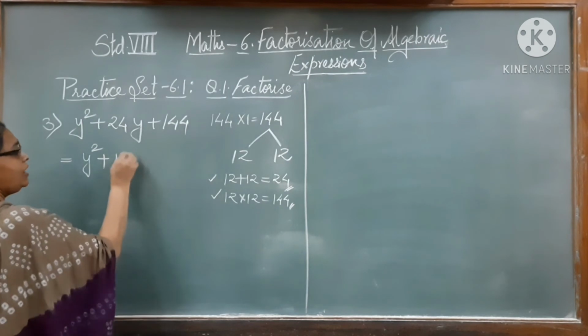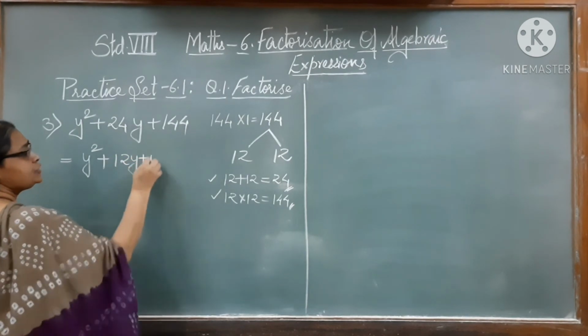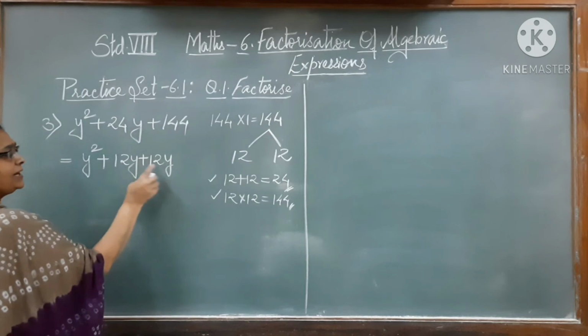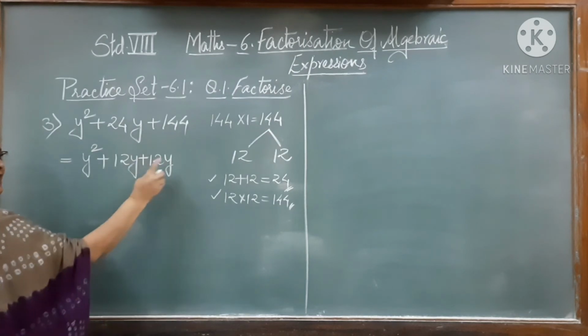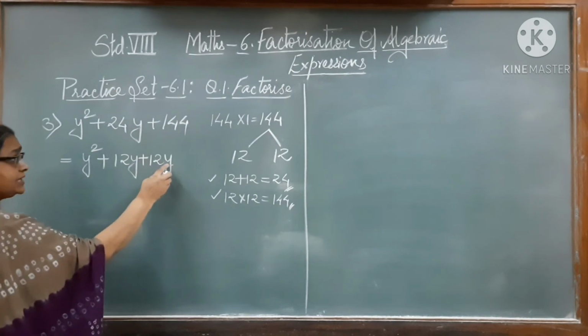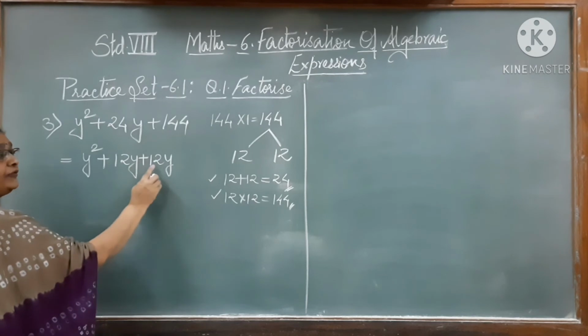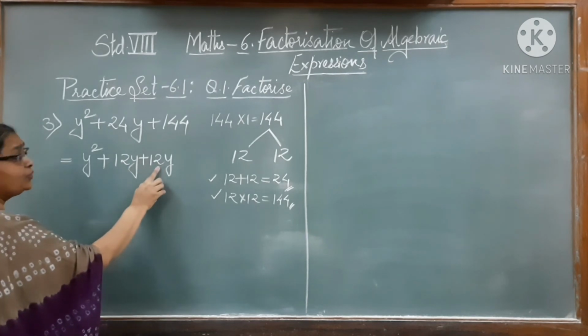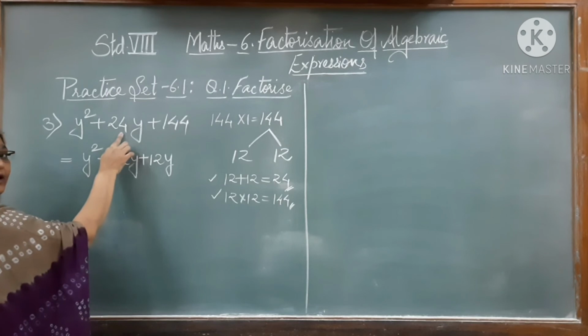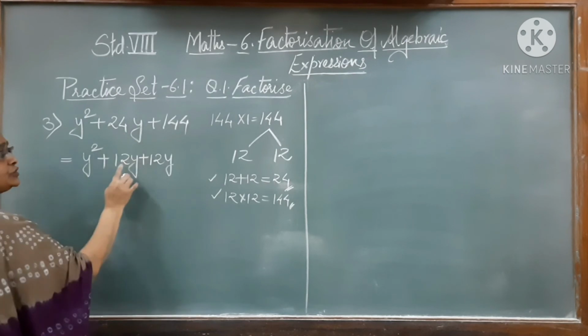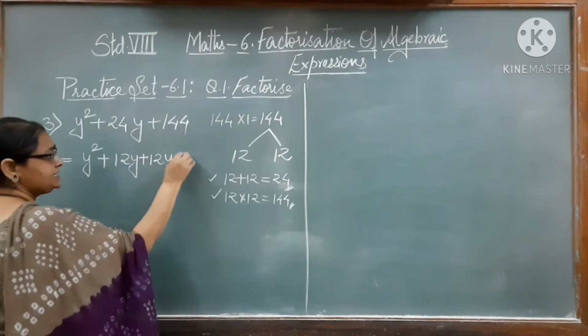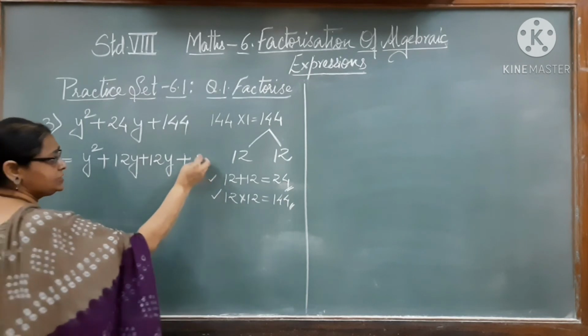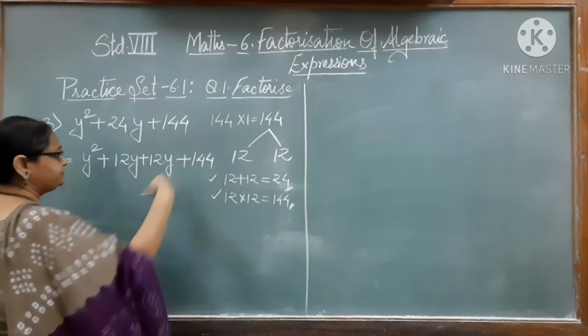So 12y plus 12y, and 12 plus 12 is 24. The same variable y I am using here. We just add these two terms so that I get the middle term. So 12y plus 12y plus, of course, 12 into 12 is 144.